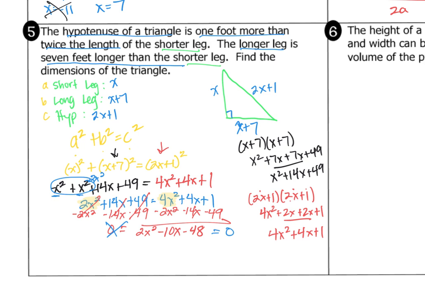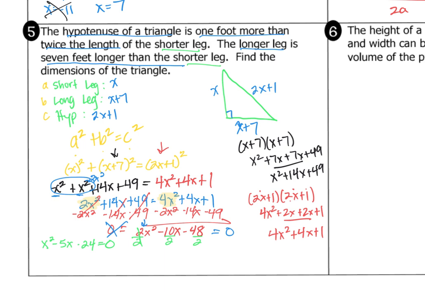We have a number in front of x squared, it's 2. Now, instead of sliding here, remember, we would always check, does it divide out? And we can take 2 out of everything here. So we're just going to divide 2 out. And I'm going to come over here to the side so I have more room. This gives me x squared minus 5x minus 24 equals 0. And this does factor. It's so nice and simple right here.